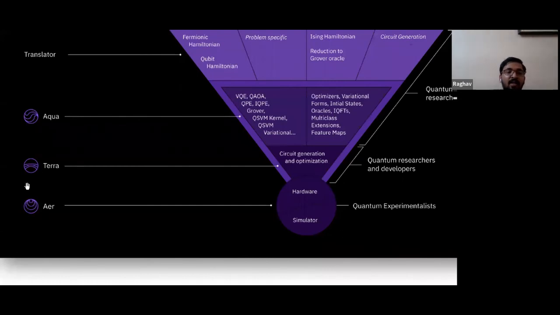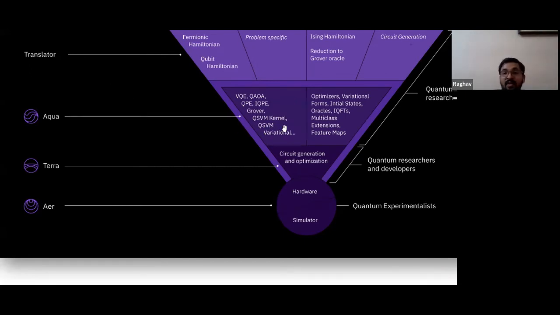And Terra, like we need optimization too, like we have a very big circuit, so we need another package too, which in the background auto optimizes it before running on the quantum system. And Aqua is the package in which we will write our code, and what we see is Aqua.